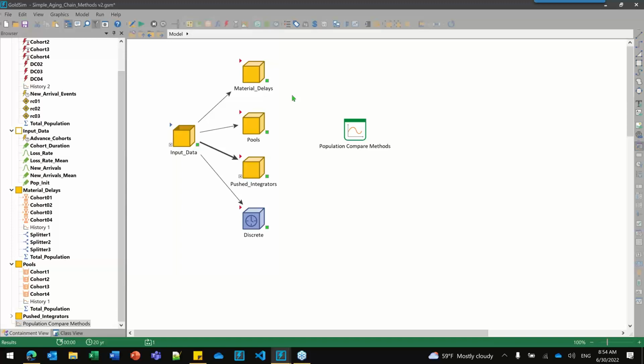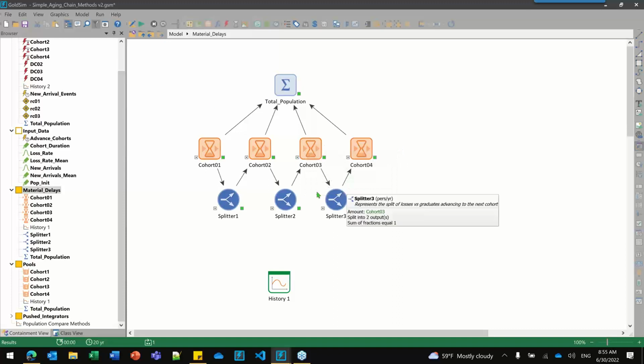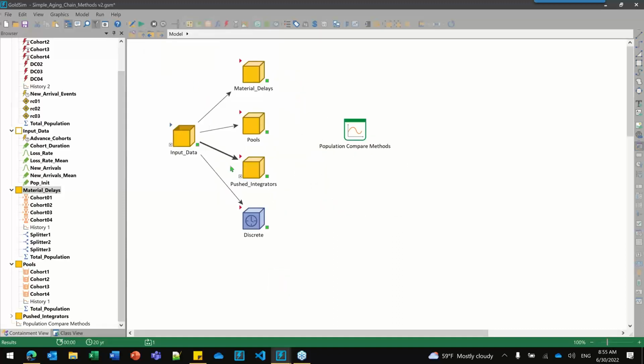And typically what happens here in these kinds of models is you end up using many elements, because as you can see, these all require an individual element for each cohort. Well, it turns out that you don't have to do this in individual elements, especially on the integrator method.